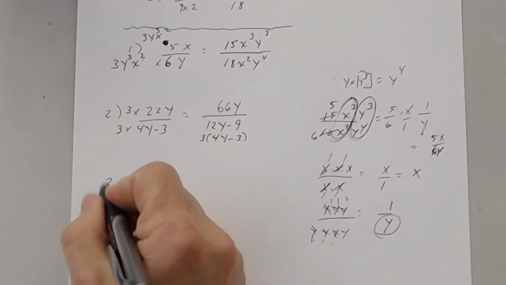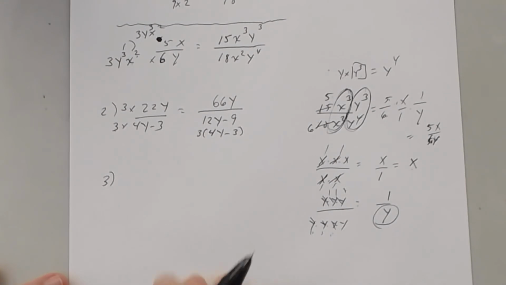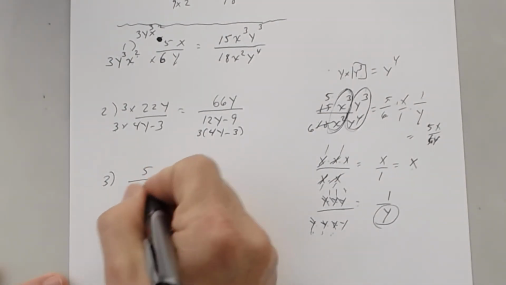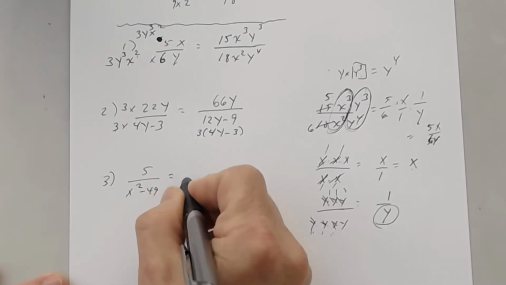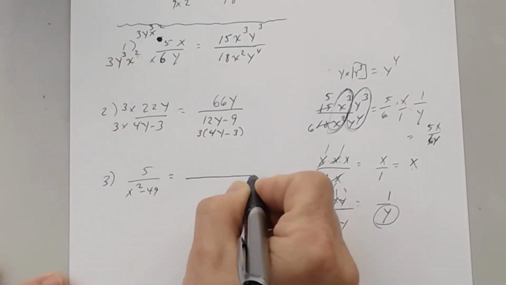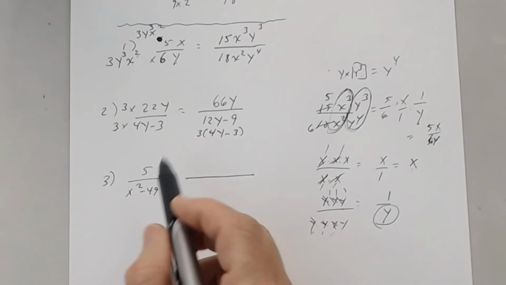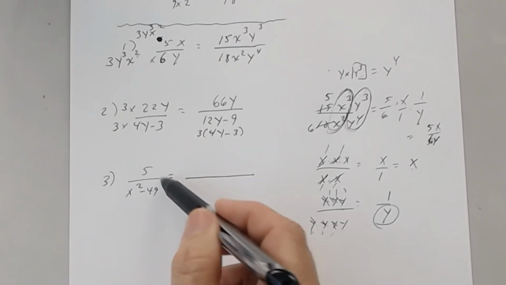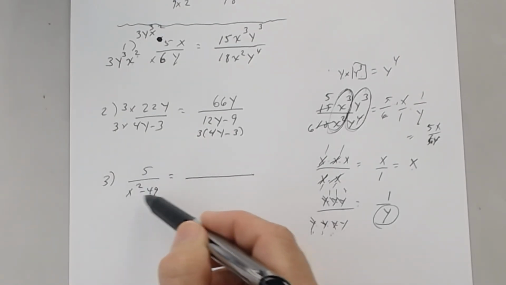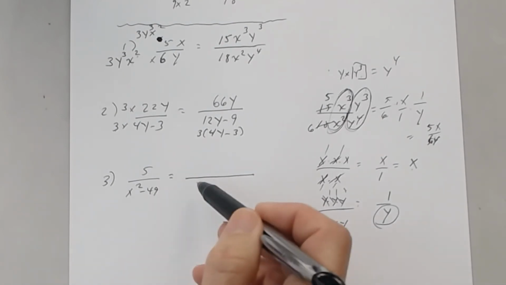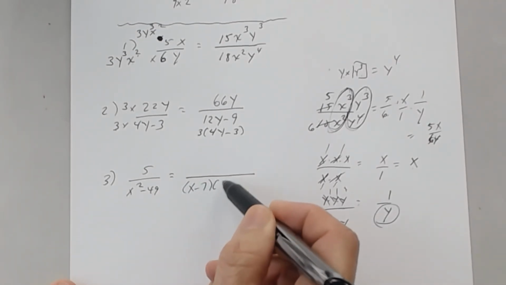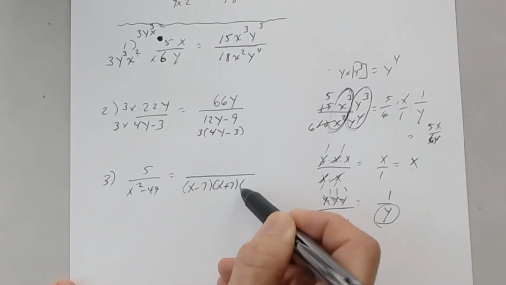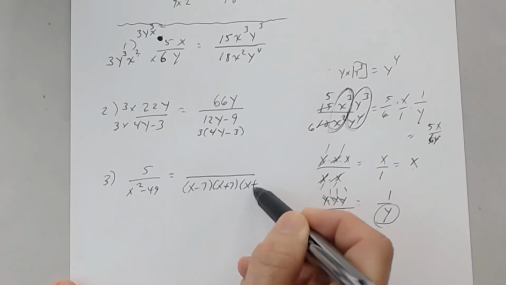Number 3, you have 5 divided by x squared minus 49 equal, and then you want to write an equivalent rational expression to this that has this denominator, x minus 7, x plus 7 times x plus 8.